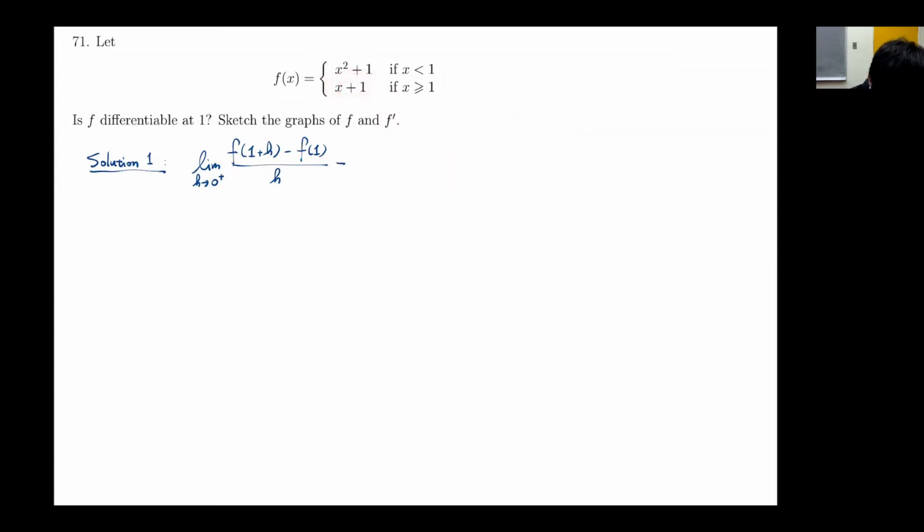So that's going to be the limit as h approaches 0 from above of, f of 1 plus h is simply going to be 1 plus h plus 1, and f of 1 is simply going to be 1 plus 1. You need to compute this limit, and you can see that it is precisely h over h. If you simplify the numerator, the only thing that remains is h. And the limit of h over h is simply 1 in this case. All right, so this is the right-hand limit of the difference quotient.